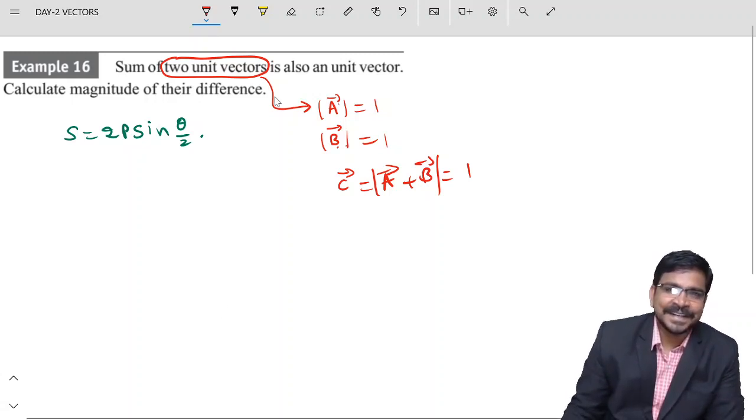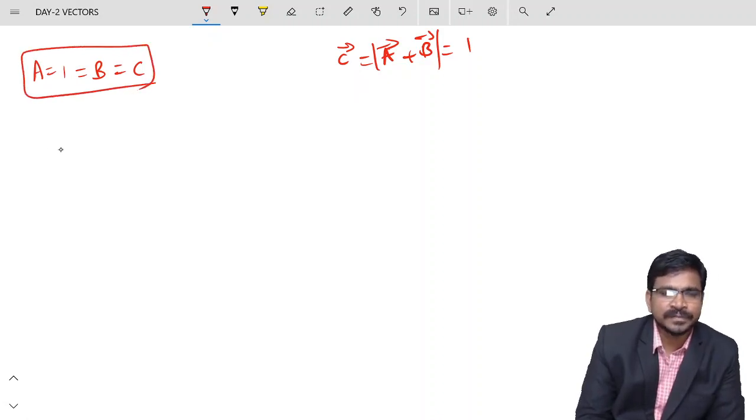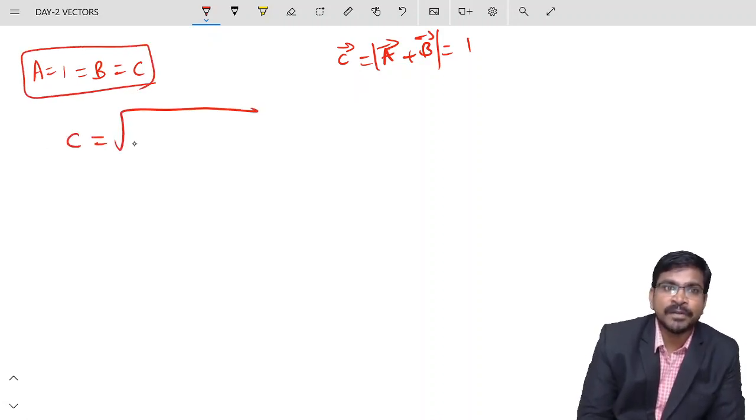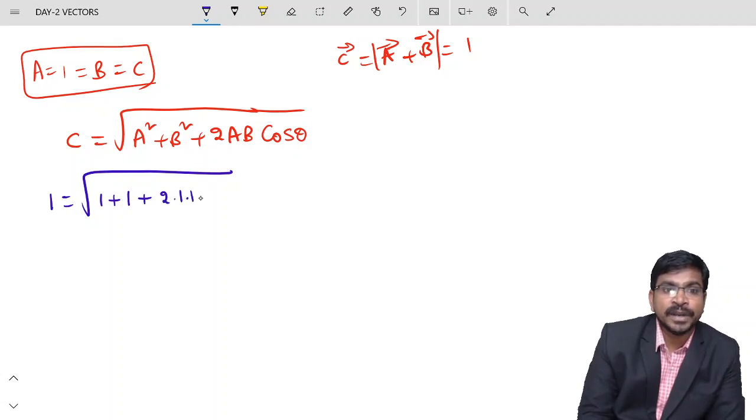But here I don't know the angle between them. See, it is very simple. A equal to 1 and B equal to 1, that equal to C, that we know. And C is equal to square root of A square plus B square plus 2AB cos theta. So here C is 1 equal to square root of 1 square plus 1 square plus 2 into 1 into 1 into cos theta. Squaring on both sides you will get 1 equals 2 plus 2 cos theta.